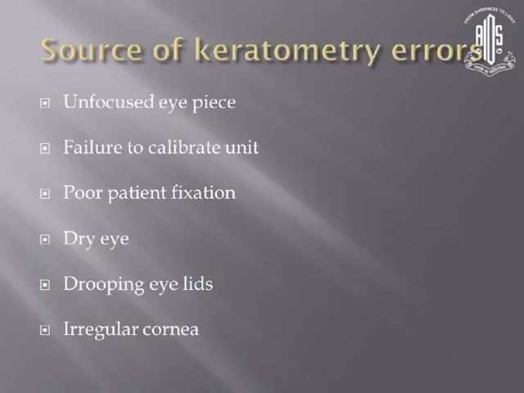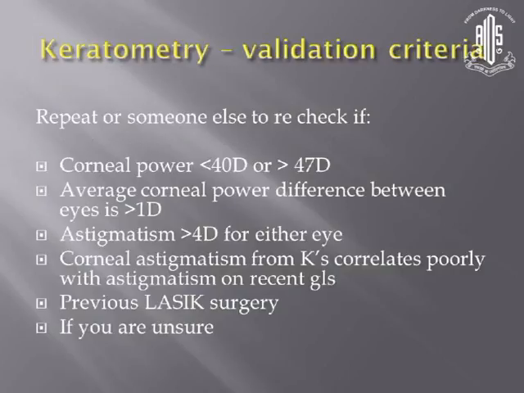Sources of error: obviously an unfocused eyepiece, failure to calibrate the unit, poor patient fixation, dry eye, drooping of eyelid, and irregular corneas. There should be validation criteria for all measurements, and the same thing applies for keratometry also.